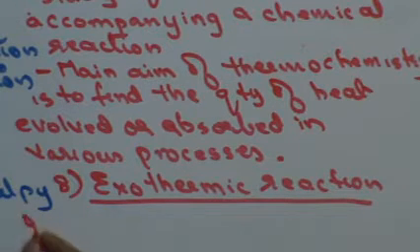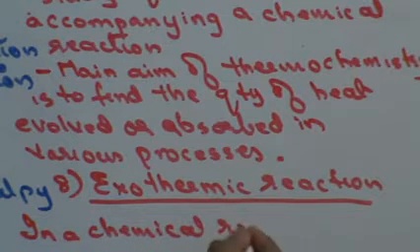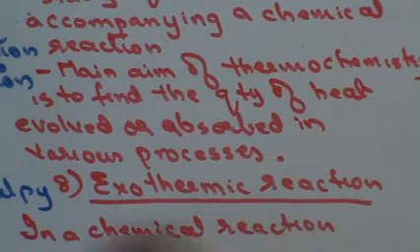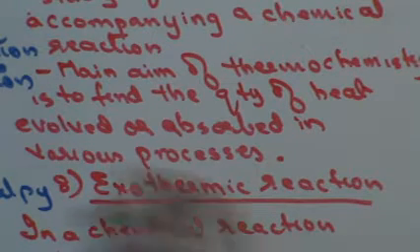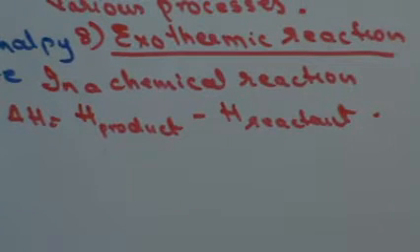In a chemical reaction, change in enthalpy is nothing but the enthalpy of the product minus the enthalpy of the reactants. Right? Now, delta H, that is your change in enthalpy, can be positive or negative.